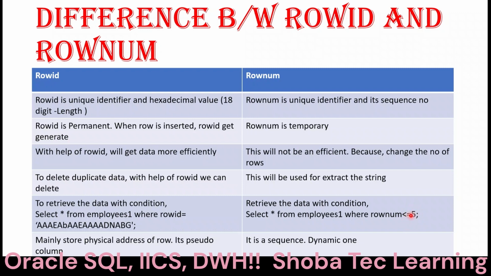Row num is only suitable for equal to 1, not for any other values. So we can also say that row id is like the physical address of the row and a pseudo column, while row num is a sequence and a dynamic one.